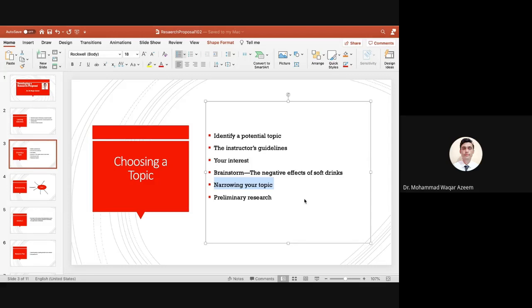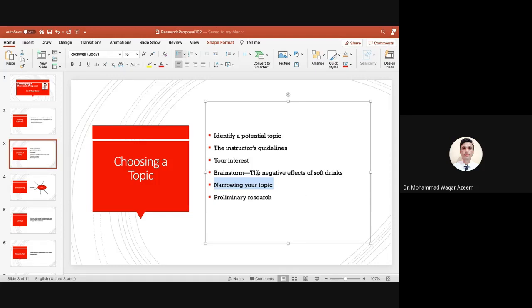And then you can get hold of the chart of their academic performance, maybe their progress reports from their schools. And you can make a comparison and contrast and see how the soft drink consumers perform in academics and how the non-consumers of soft drinks perform in academics, right? And from there you can draw your conclusion. This way, the research is manageable, it is doable.